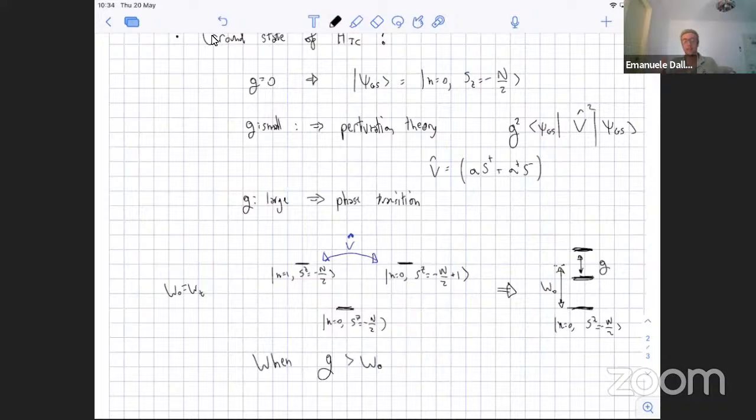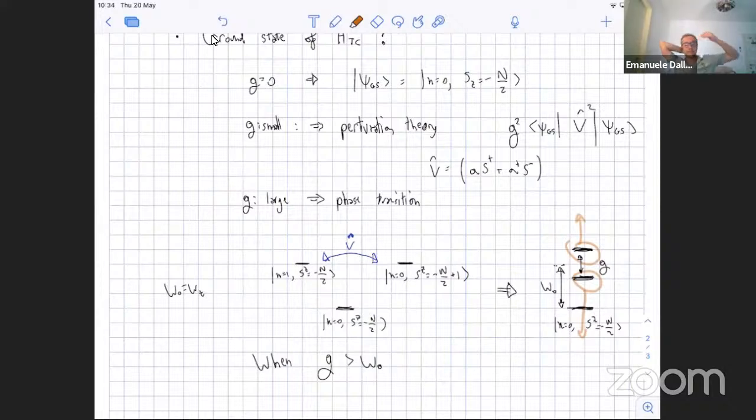If the coupling is larger than omega 0, then what used to be an excited state will become the ground state. As you increase G, one level goes down and down, and the other goes up. At some point, the lower excited state will cross and become lower in energy than the original ground state, which means that the ground state is actually not the unoccupied state, but a state with one photon.